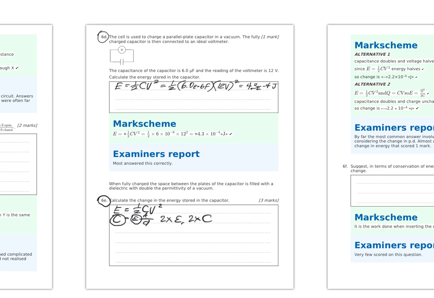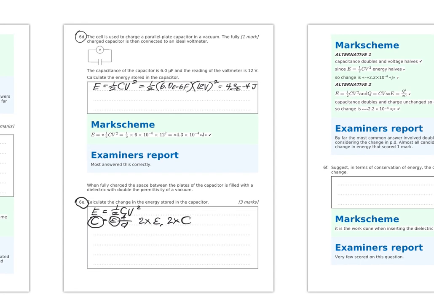Ooh, I got sloppy. I was looking at the mark scheme, and it says that the voltage halves. That's a fair point, capacitance is Q over V. Sticking the dielectric in between the two plates of the parallel plate capacitor doesn't change the quantity of charge because of conservation of charge.